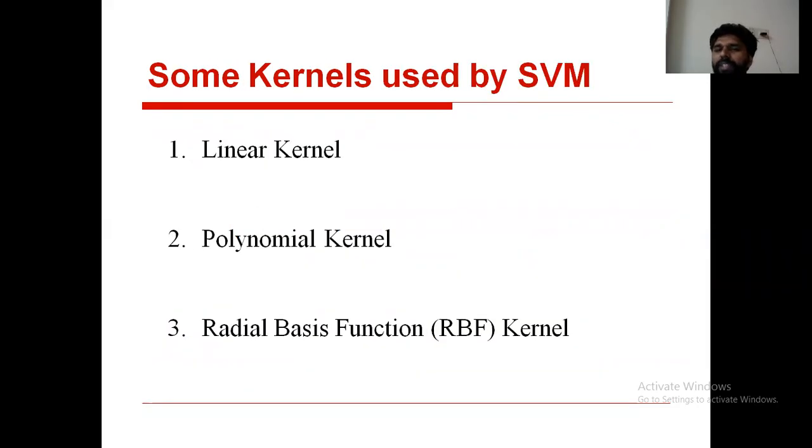What are the various types of kernels available in support vector machines, or what are the various types of kernels used in support vector machines? Support vector machines use three types of kernels: linear kernel, polynomial kernel, and radial basis function, that is the RBF kernel, right?